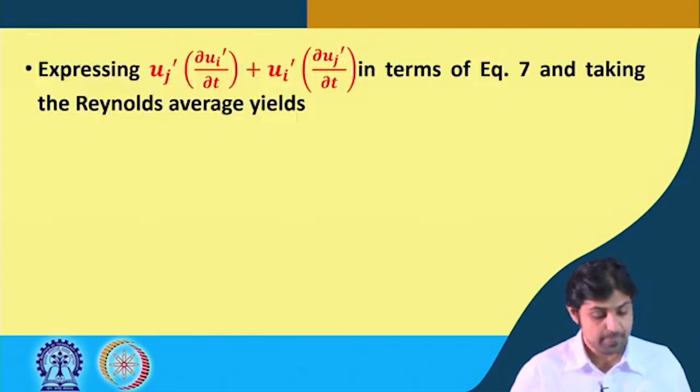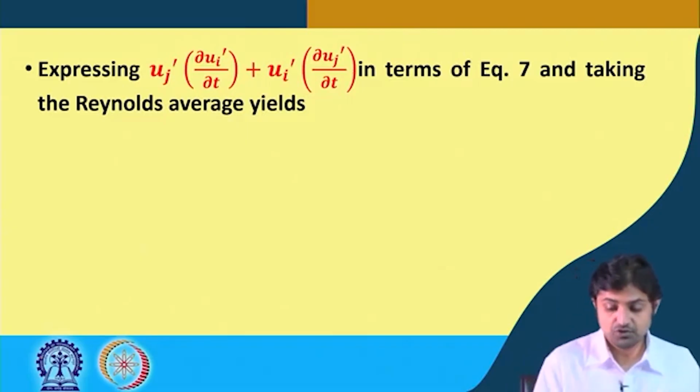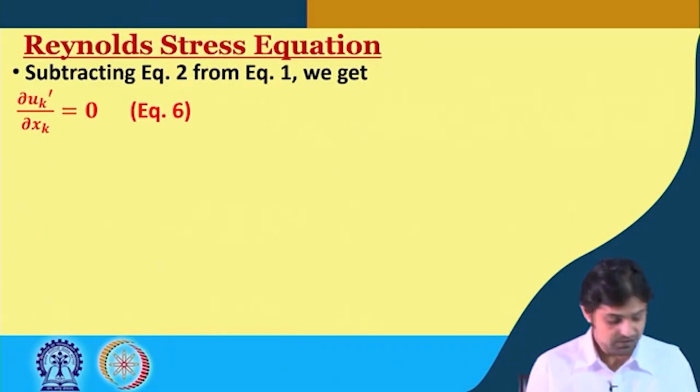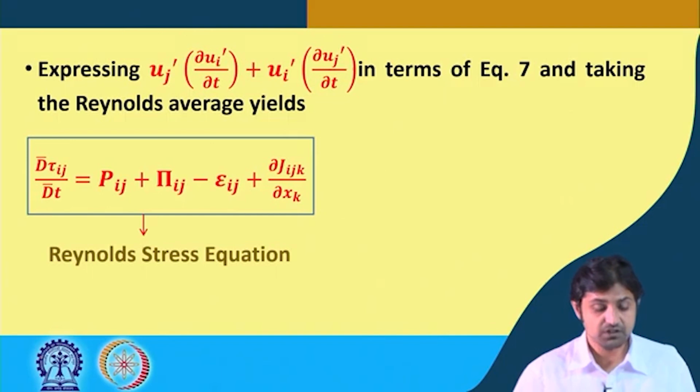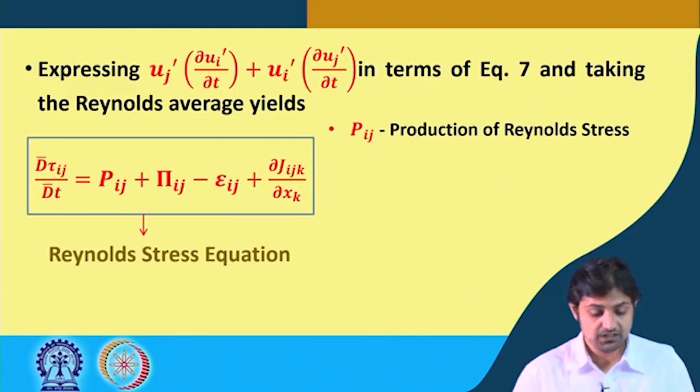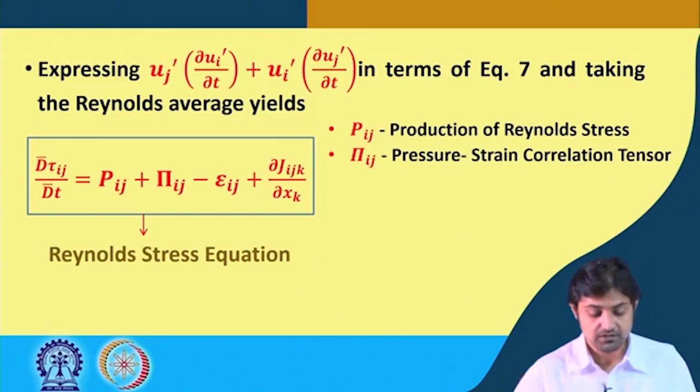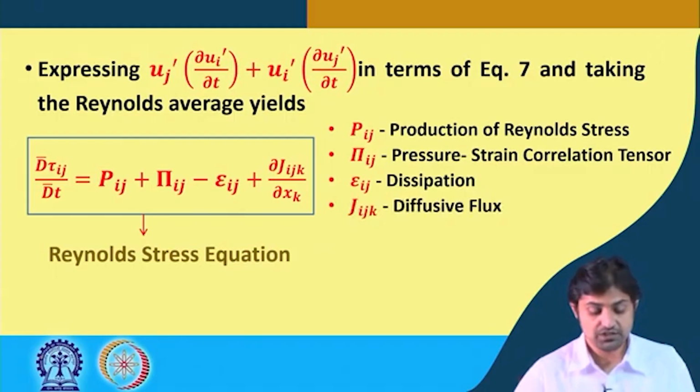All right. If expressing uj bar into del ui bar, uj prime into del ui prime del t plus ui in terms of equation 7. Okay. So if we express that in terms of equation 7 here, this is called the Reynolds stress equation, where this Pij is called the production of Reynolds stress, this pi ij is the pressure strain correlation tensor, and epsilon ij is the dissipation, where Jijk is the diffusive flux.